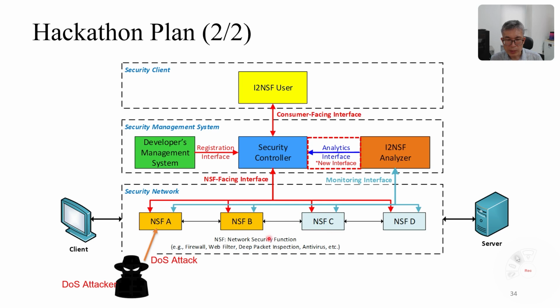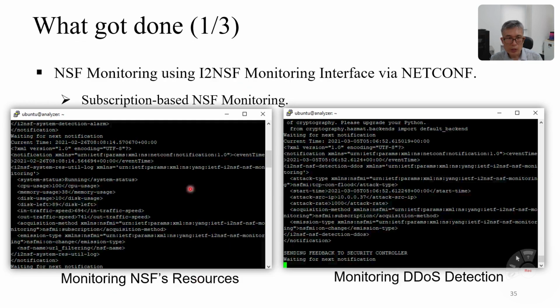The basic idea is that a hacker or attacker performs a denial of service attack, and then the I2NSF analyzer collects the data and detects the attack from this DoS attacker.